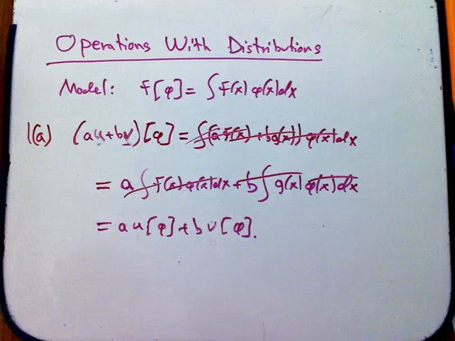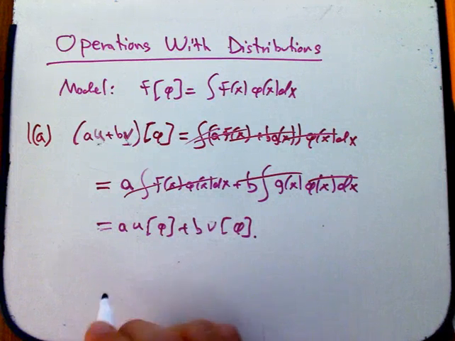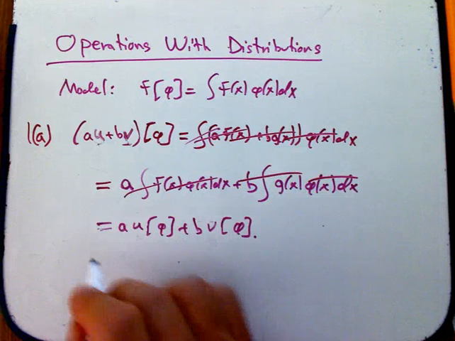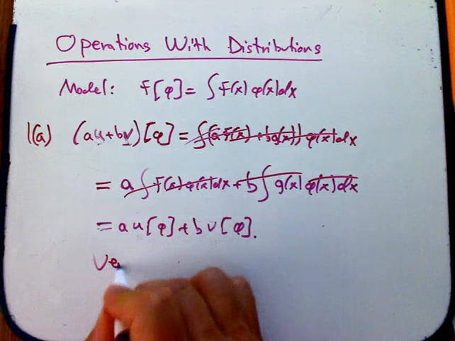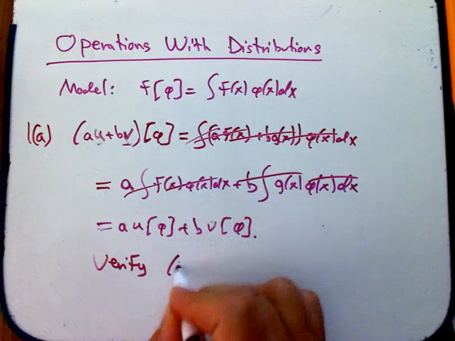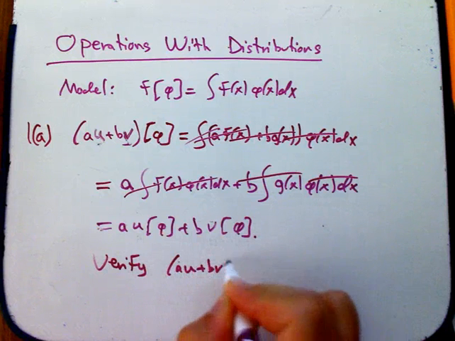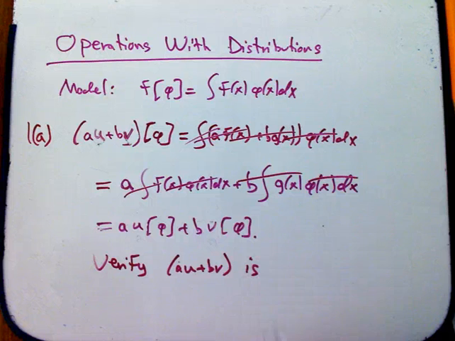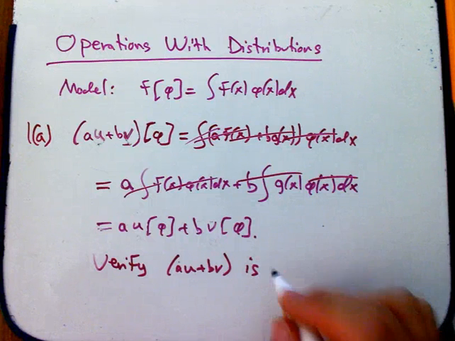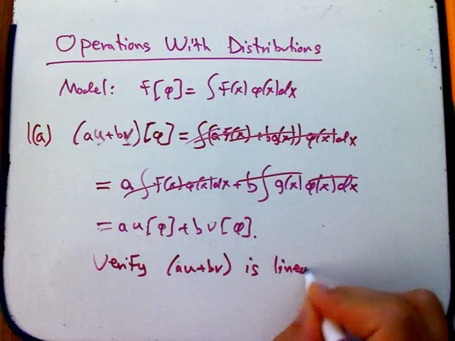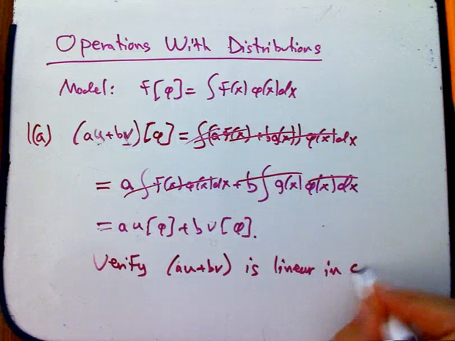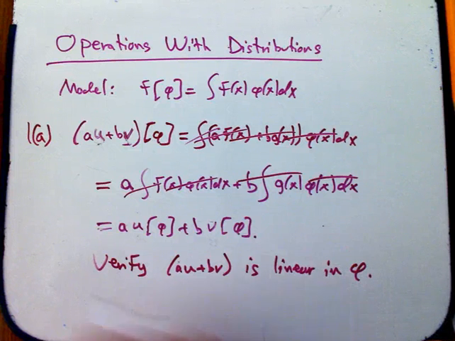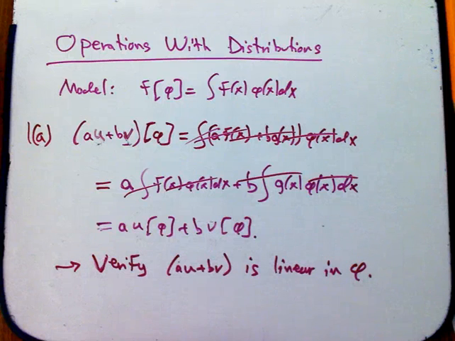One thing I should have gotten you to verify, although maybe I'll do this later when we really tidy up and have the very precise definition, we should verify that this new gadget, well, so far all we really know to require is that it yet again be linear in the phi variable. That's really easy, but a good thing to do right now if you want, especially if you think it's a little confusing.